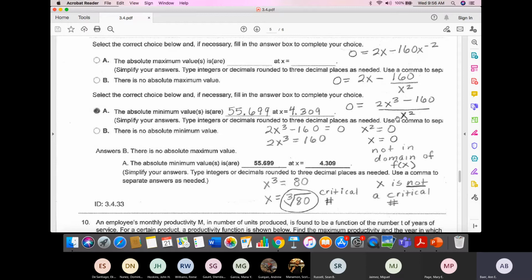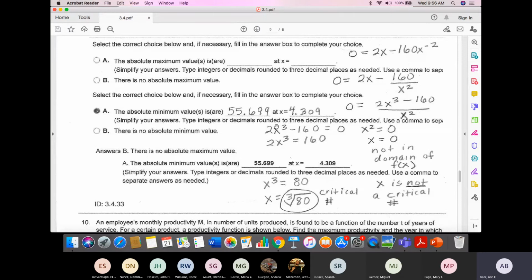Very important. Remember, we have to look at where the first derivative is 0 or undefined. Well, this is undefined somewhere. So we want to look at where this denominator, x squared, is equal to 0. We cannot have division by 0. If we take the square root of both sides, we get that this happens when x is 0.